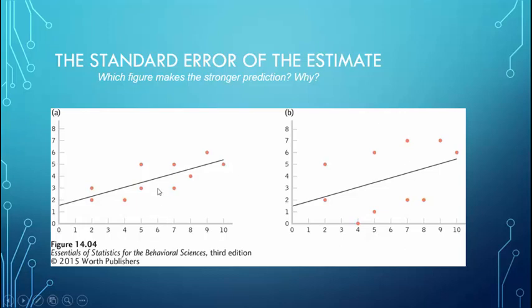Whereas here, when we predict, again, at 6 on x, 3 on our y variable, you can see that there's going to be a little bit less error. It's a better prediction because these data points are more closely clustered around the line.